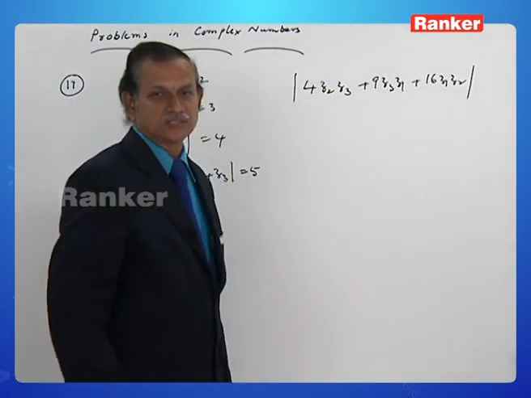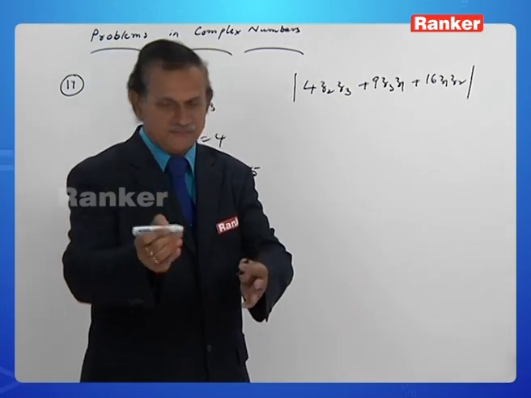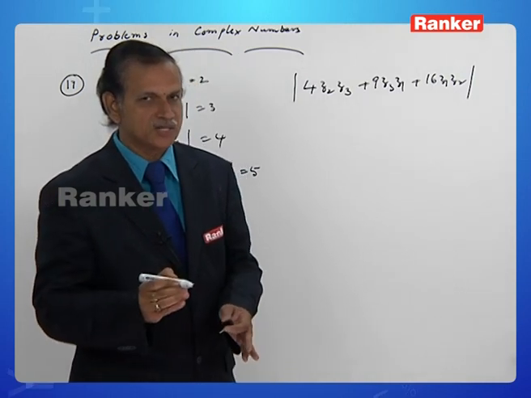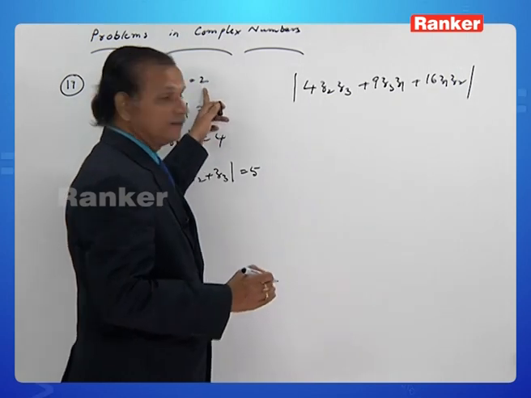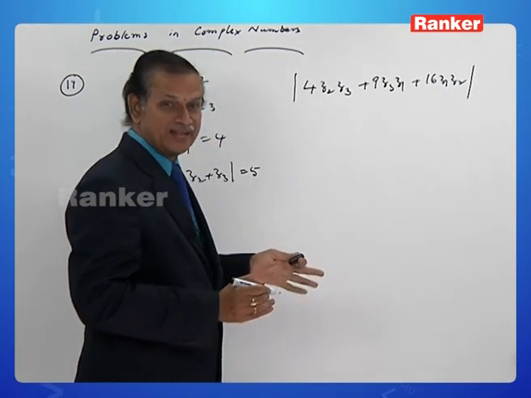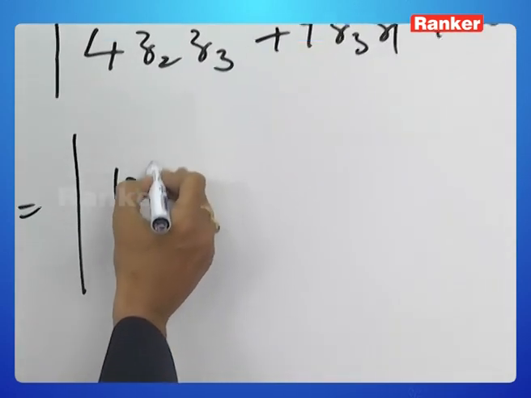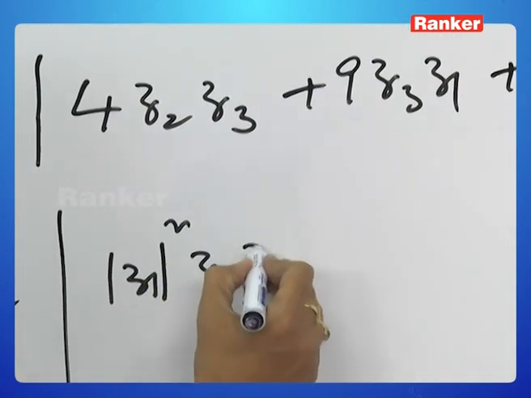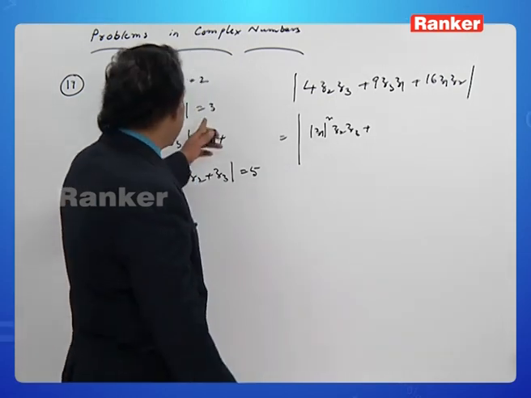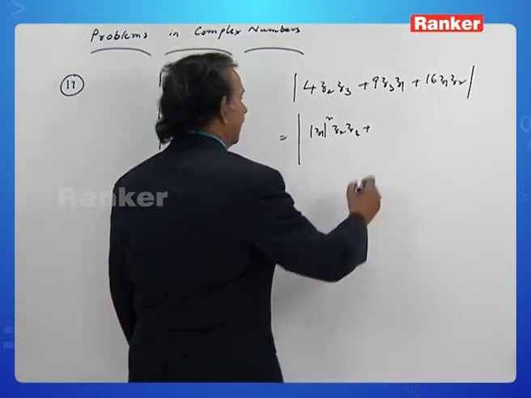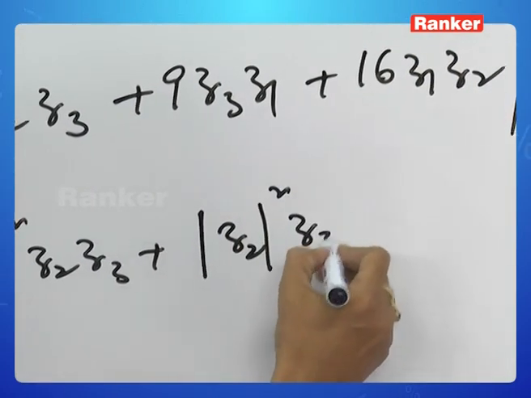Well, inside the modulus of the required item, the first coefficient is 4. I like to write 4 as 2 square, that is |Z1| square. So it is |Z1|² Z2 Z3. Just like that, 9 can be taken as |Z2|² Z3 Z1.